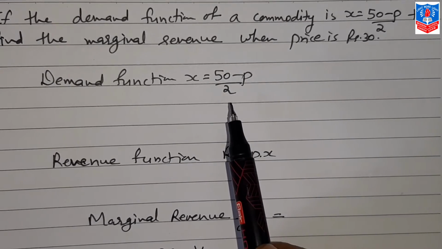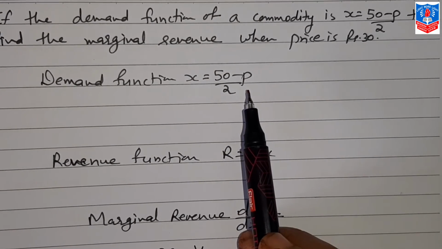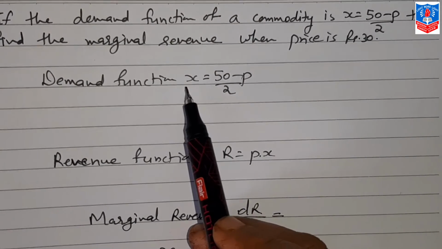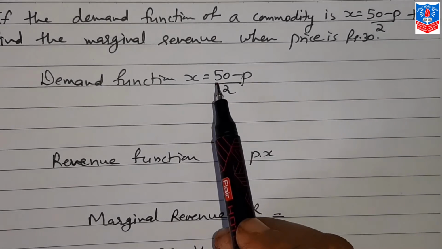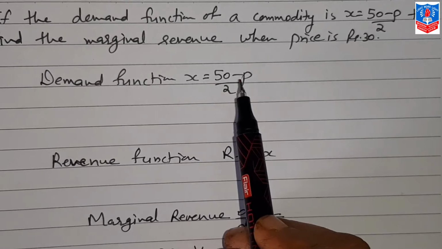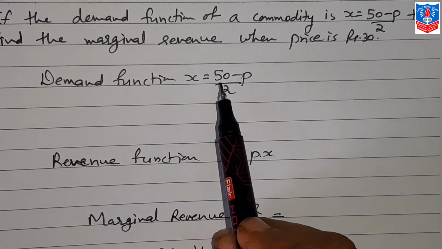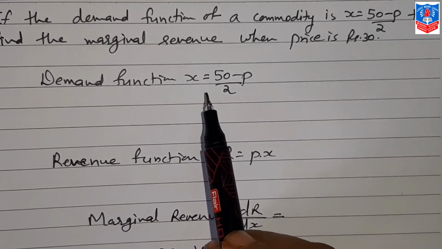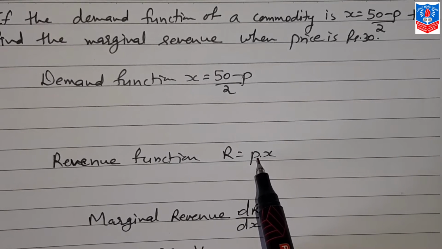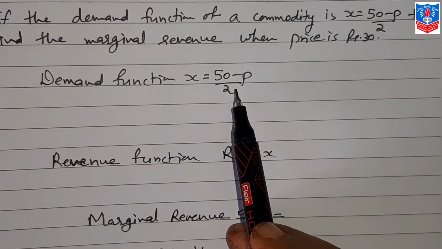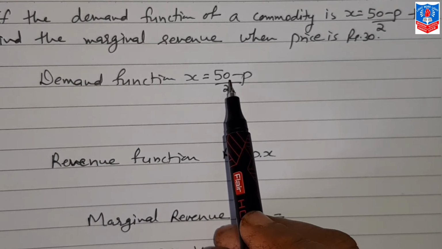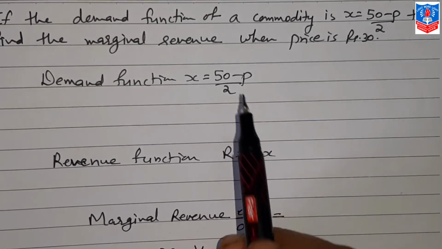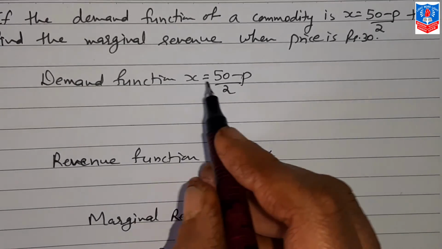Remember this: whenever this type of question comes, the demand function should always be P is equal to. Here X is given. In the last question P was equal to, so we took it directly and wrote that value in place of P. But in this one, it is given X is equal to. So first thing, change this into P equals to.